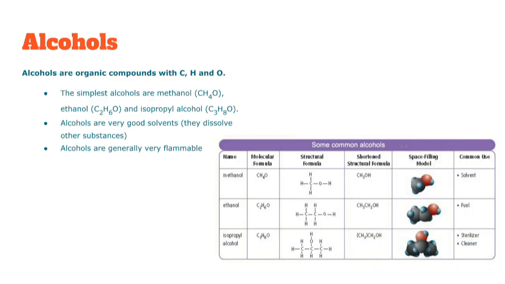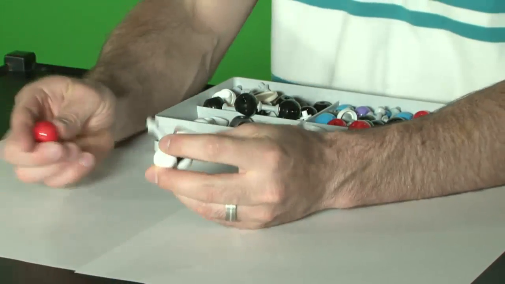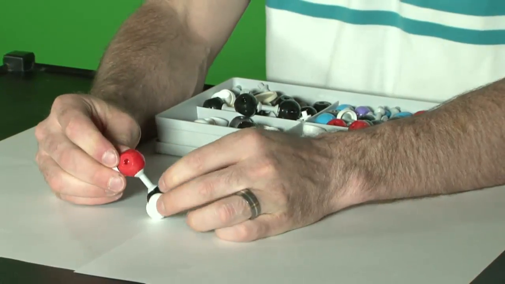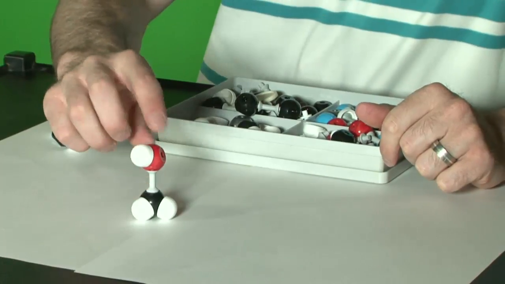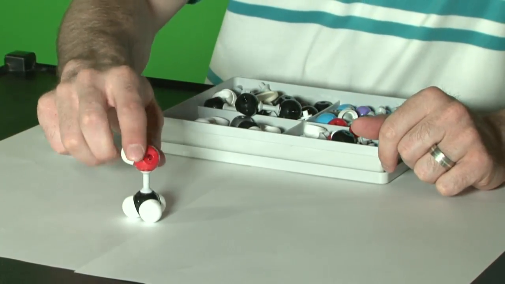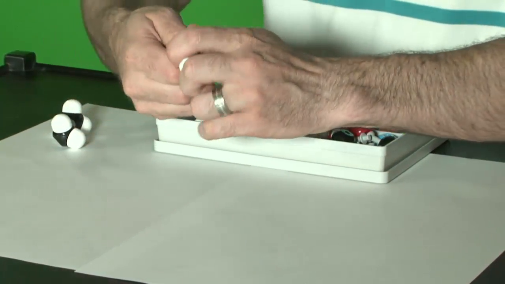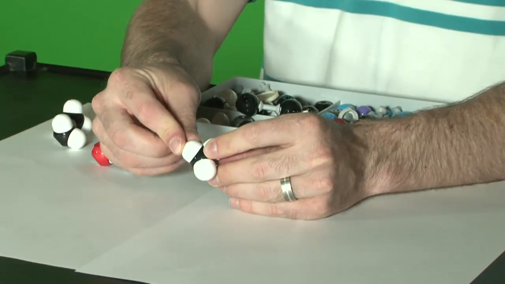If I take my little ball and stick model here, and instead of having a carbon chain, I put this red guy, which is an oxygen, on here, now all of a sudden I've made methanol. If I had hydrogen on the side, it's methane.